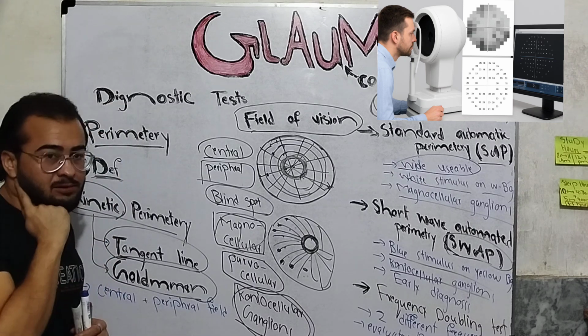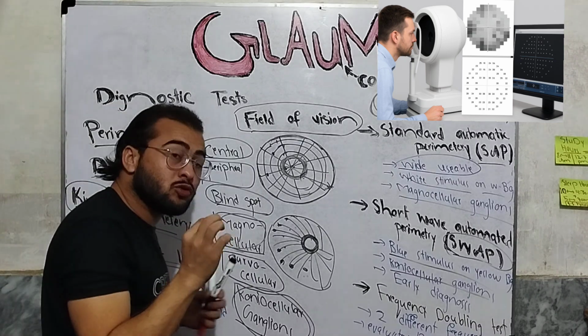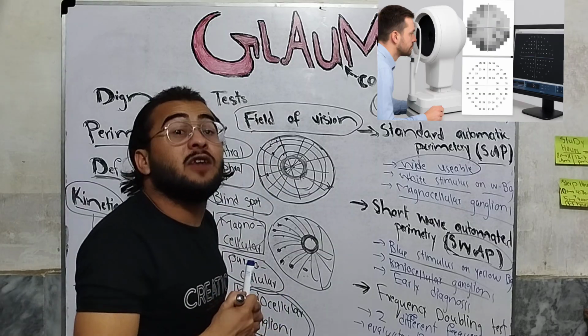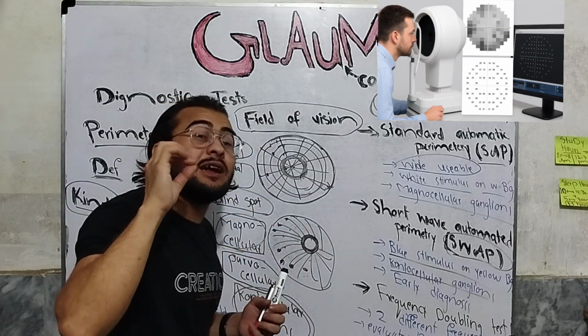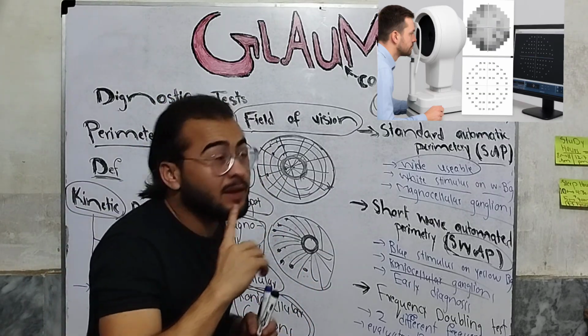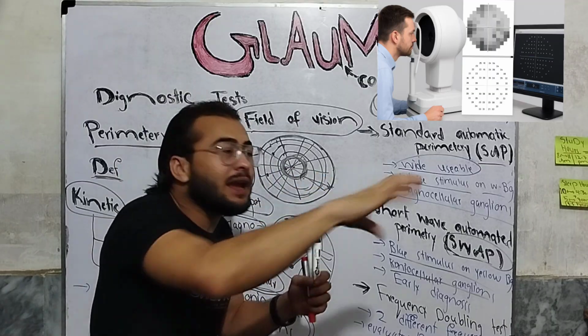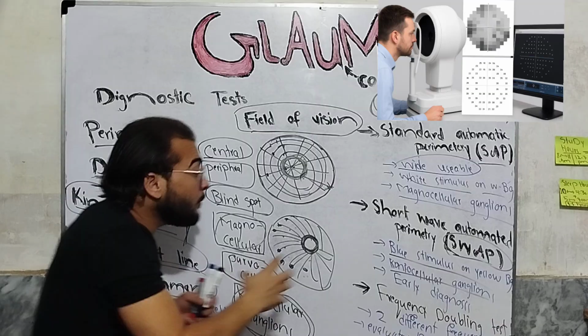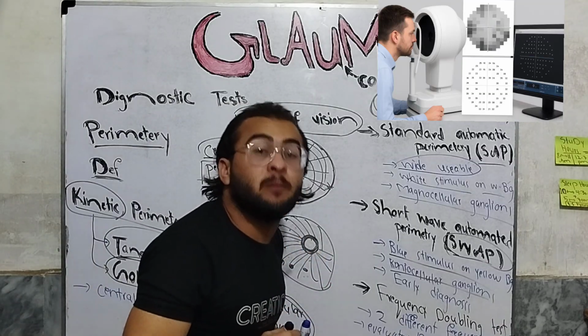Now we have the last type of ganglion which we should evaluate, the parvocellular ganglion. We noted that the parvocellular ganglions are for motion and flicker. So for motion and flicker, we will use two different types of frequencies.